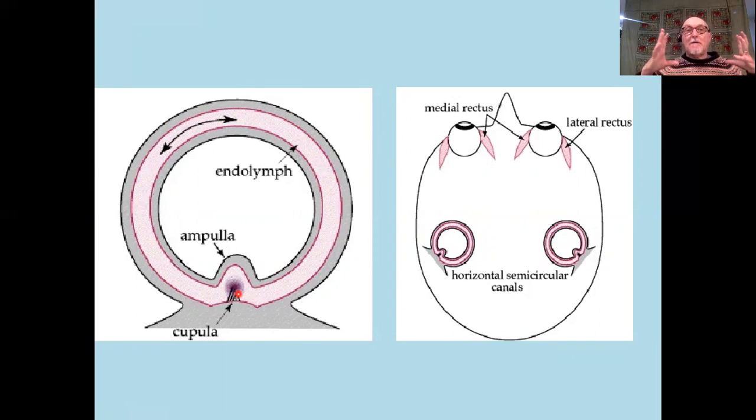And the brain analyzes the information from all three semicircular canals of each ear, but then it also communicates between both ears. So, for example, I'll give you a very simple example of two ways in which this coordination takes place.